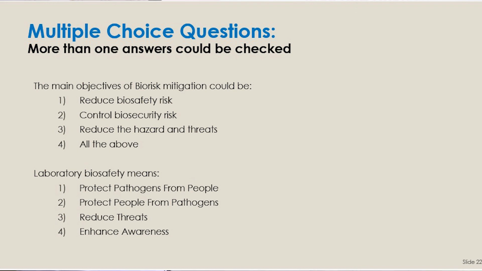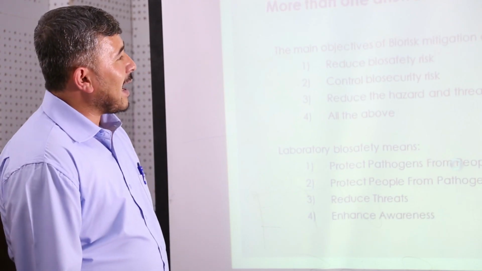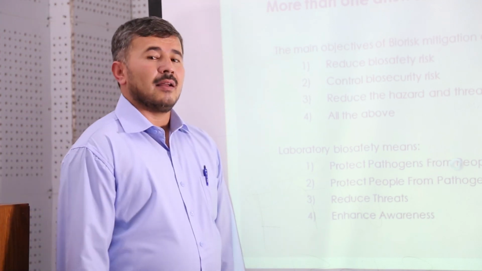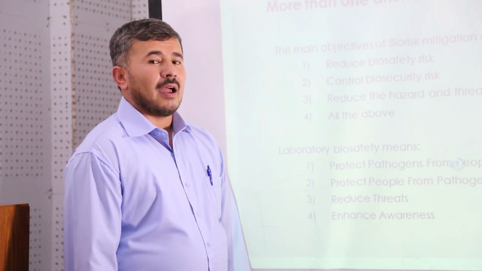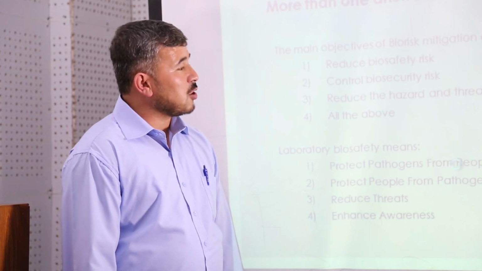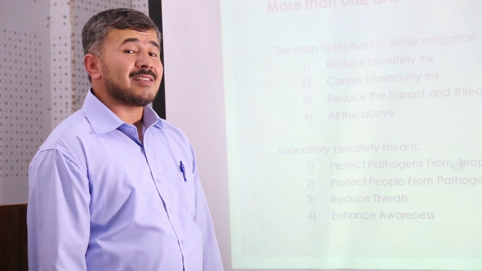Like the first question, the main objective of biorisk mitigation could be to reduce biosafety risk, reduce or control biosecurity risk, reduce the hazard and threat, and all of the above could be checked. So please read the question from the slide, answer it, and in the end we will check your answer with the real answers.